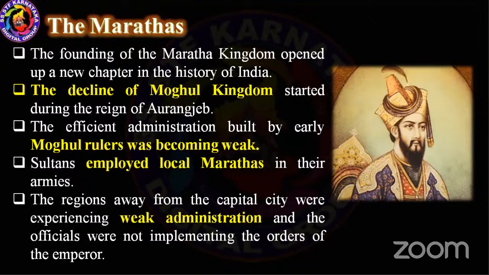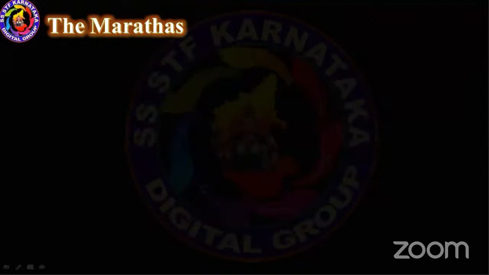And another reason is that officials who were far away from Delhi did not show interest in effectively implementing the instructions, laws, policies, rules and regulations of the ruler. Because of all these reasons, the Mughal kingdom was declining during the 17th century.